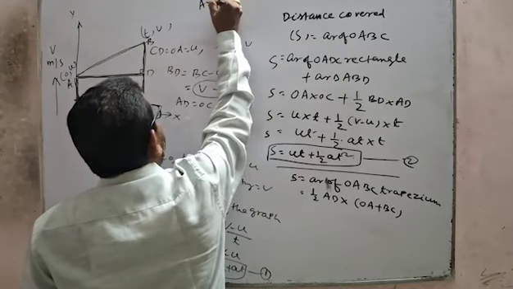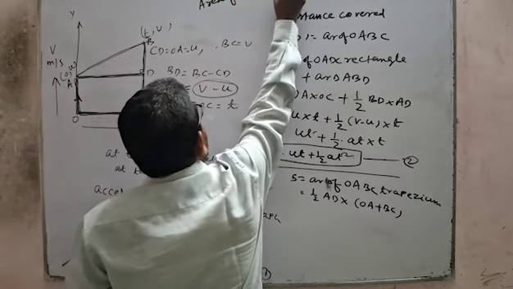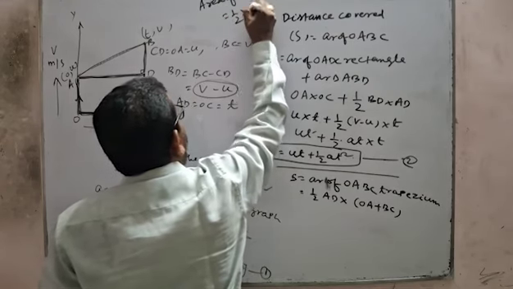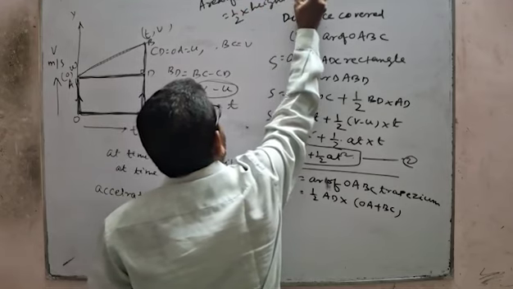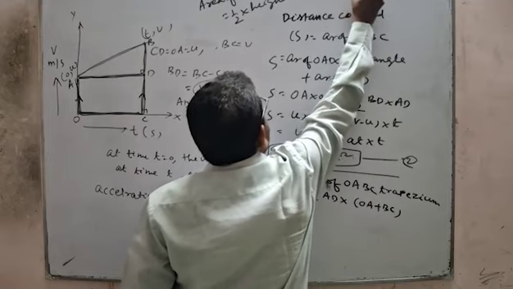The area of a trapezium you read in class 8: half into height into the sum of parallel sides.